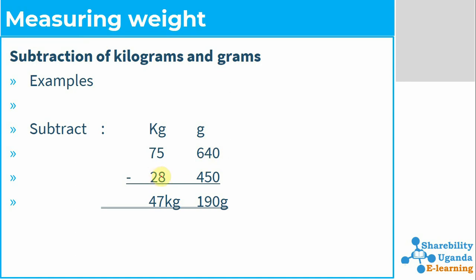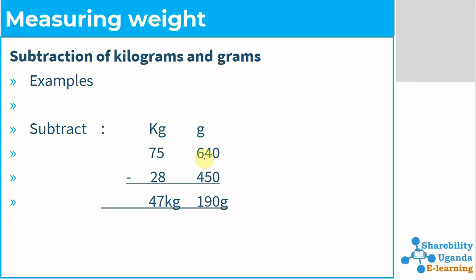Then we also have 28 kilograms and 450 grams. Now here we are going to make some operation of subtraction. Remember, when we talk of subtraction, we are subtracting the lower value from the upper value.